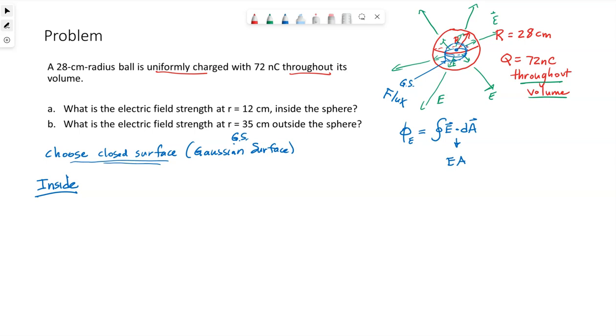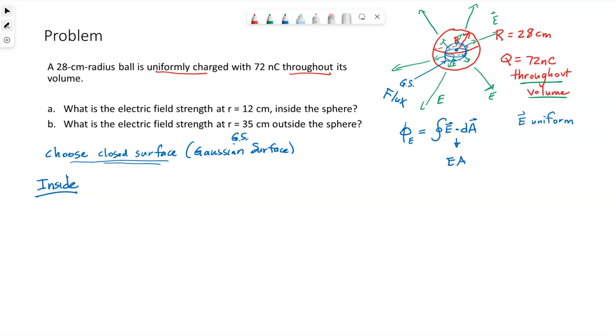So the conditions we had to meet is, one, that E is uniform, meaning it has the same value as it passes through the surface area.